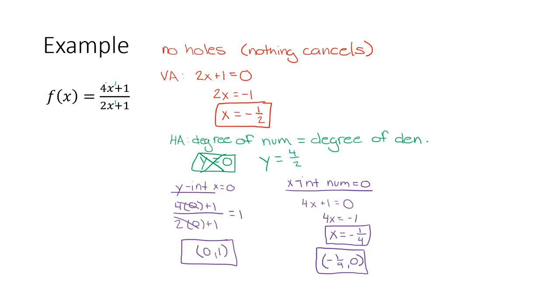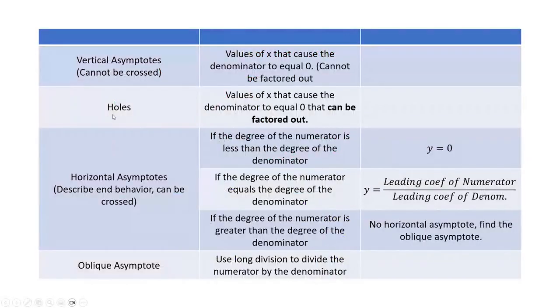The numbers in front over each other. 4 over 2 is equal to 2. So we have a horizontal asymptote at y equals 2. So we have a horizontal asymptote at y equals 0 only when the degree of the numerator is less than the degree of the denominator.